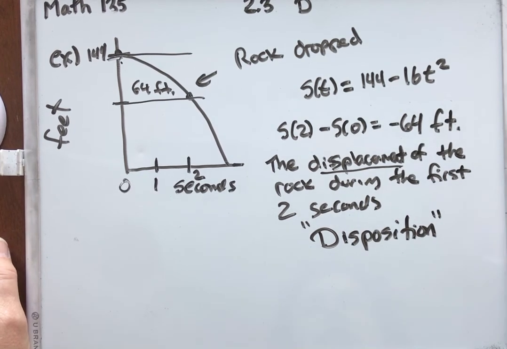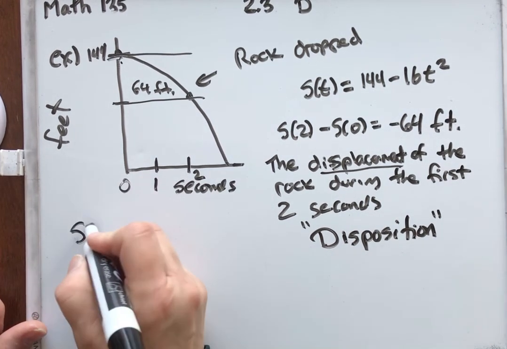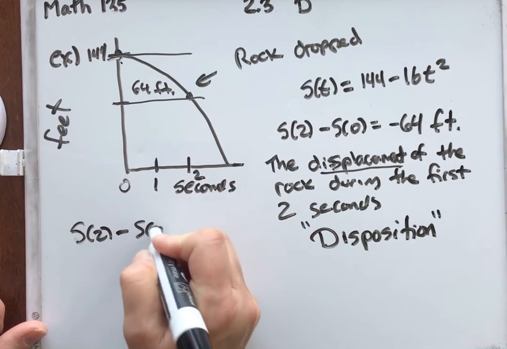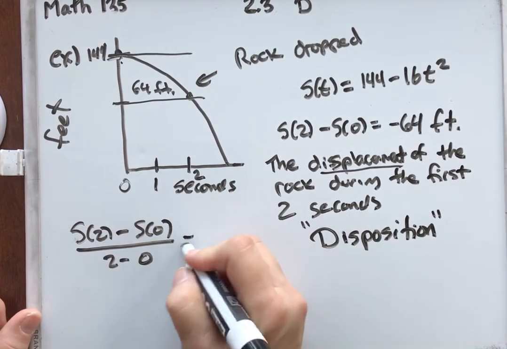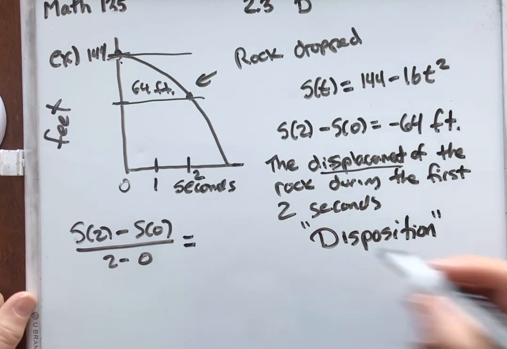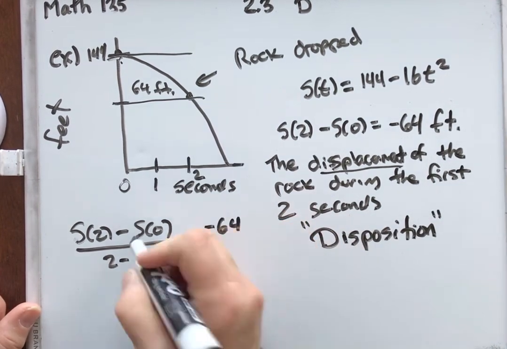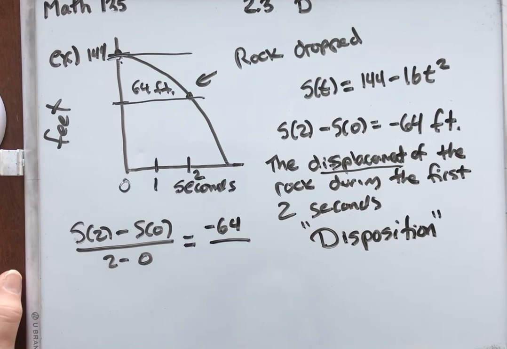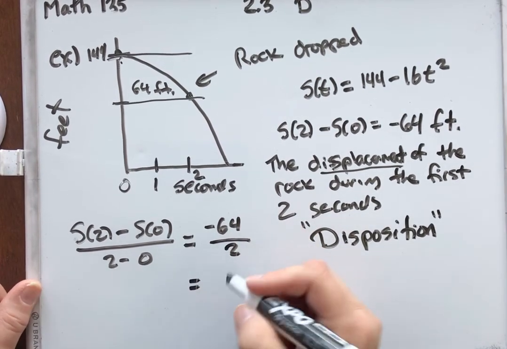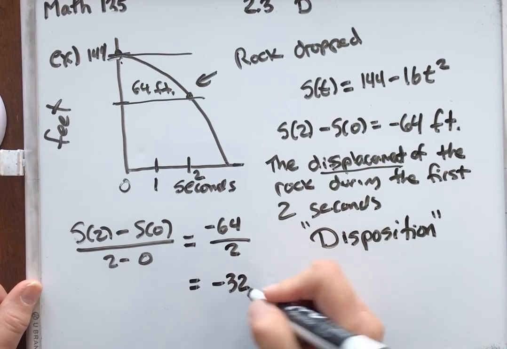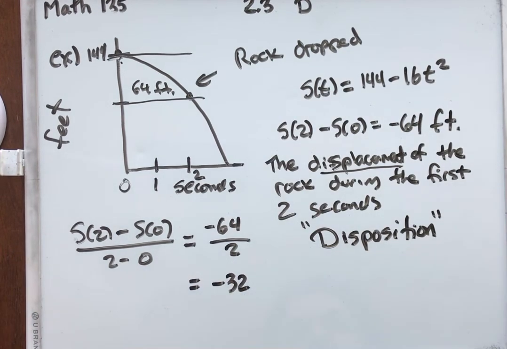Now what would S of 2 minus S of 0 over 2 minus 0 equal? We have negative 64 for S of 2 minus S of 0, and 2 minus 0 is 2. And that equals negative 32. Now, negative 32 what?